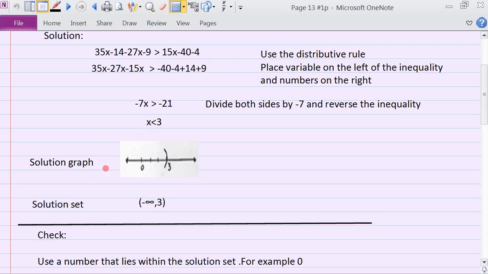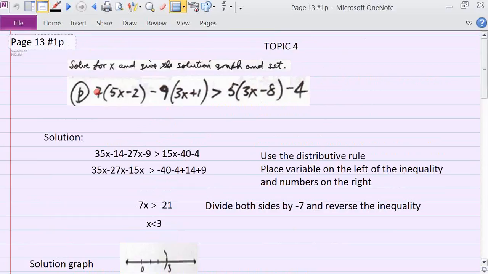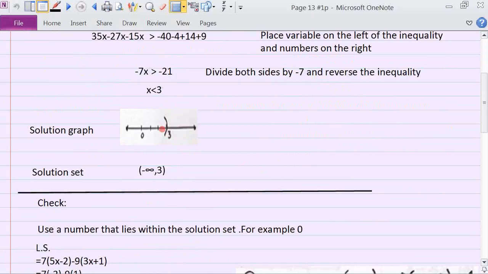We can write this as a solution graph or a solution set. Just as a reminder, what we're saying is if x is less than 3, this inequality will hold to be true. So the solution graph, here we have the 3. This should be bold down here.